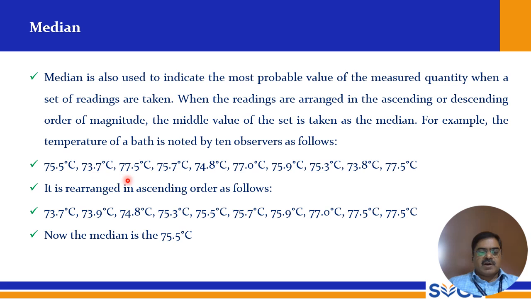You have all these numbers in ascending order, and now the median is 75.5. After arranging, 75.5 is the value at the middle, and that is taken as the median. You can arrange in descending order also and find the median.